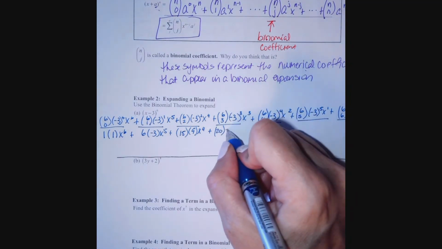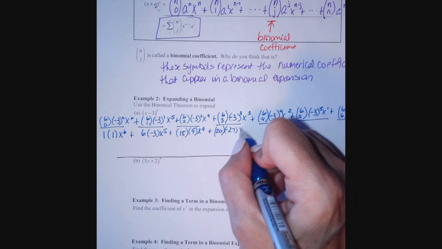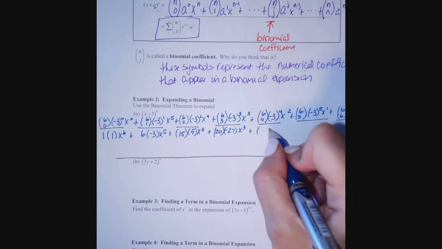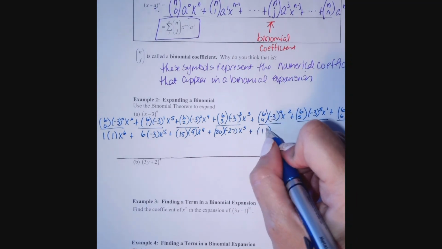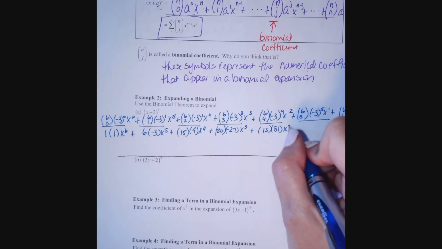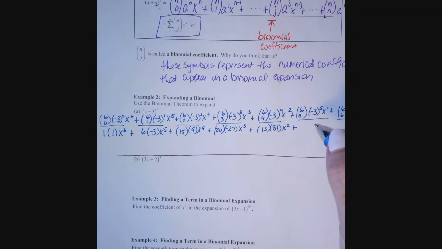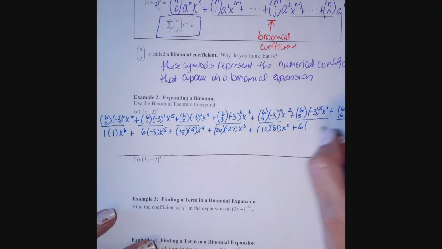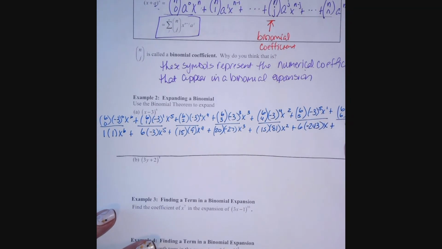Negative 3 cubed is negative 27, x cubed. My next binomial coefficient is 15 again. Negative 3 to the fourth is a positive 81, x squared. 6 to the fifth is 6. Negative 3 to the fifth is a negative 243, x. And then my constant is 1 times a positive 729.